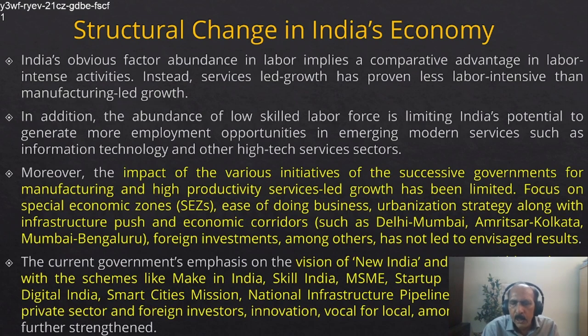But despite all these facts, the share of industrial manufacturing, both in GDP and the workforce, is not rising. The share of industrial manufacturing in both GDP and the workforce remains almost static, and therefore this is the focus area.